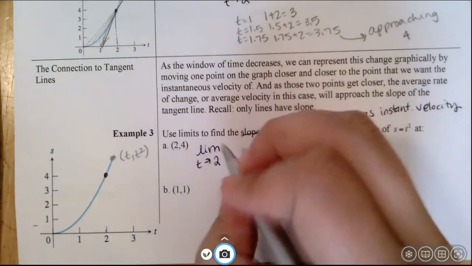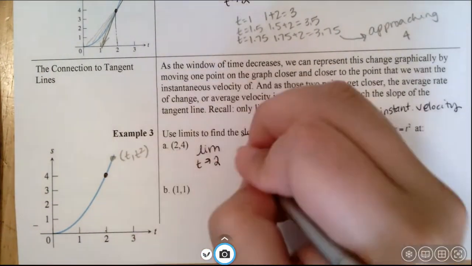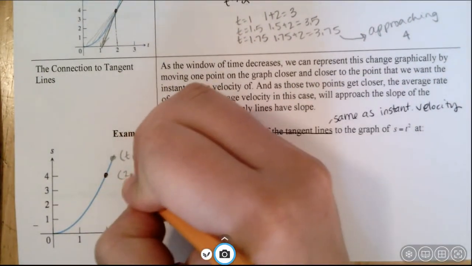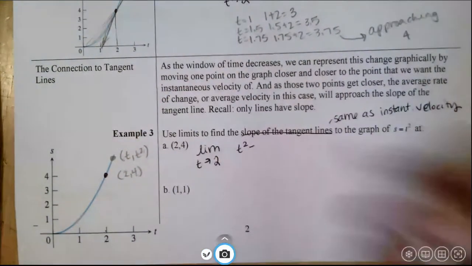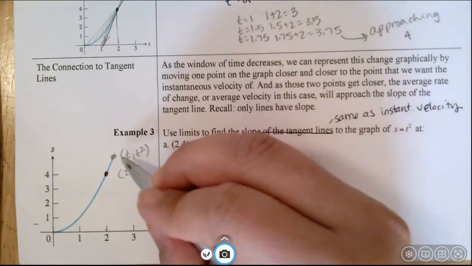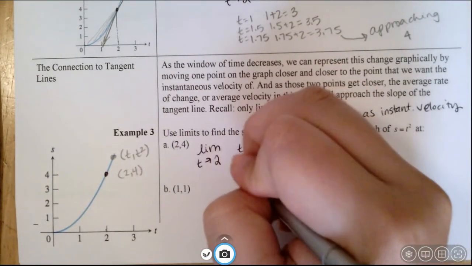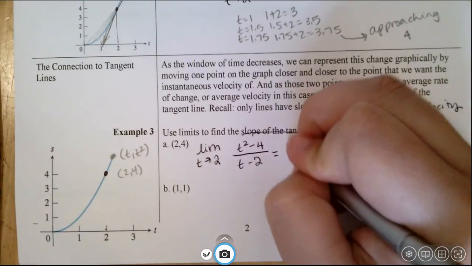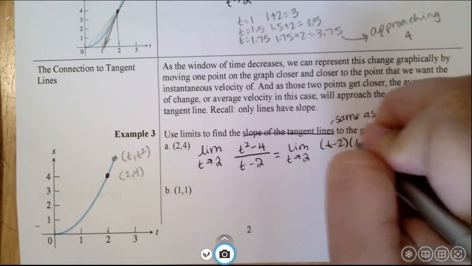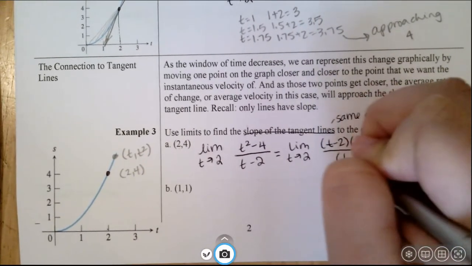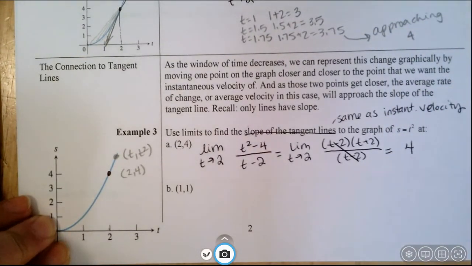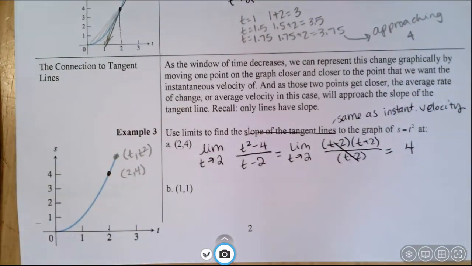So we start with the change in y values, the distance, t squared minus, this point here is 2, 4, minus 4, divided by change in x's, the difference in time, t minus 2, equals, as we just saw before, limit as t approaches 2, t minus 2, t plus 2, t minus 2, equals 4. Okay, but what if we had a different point?